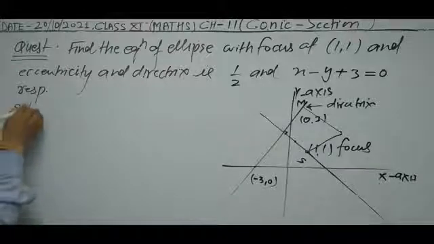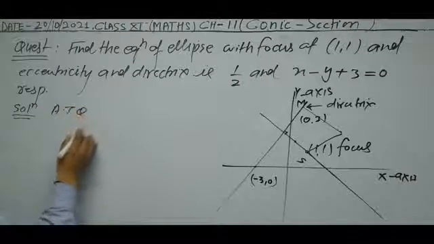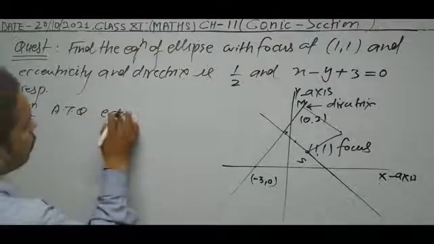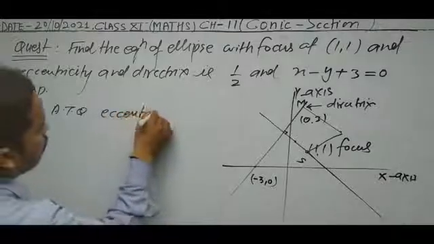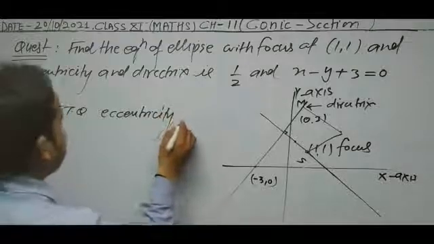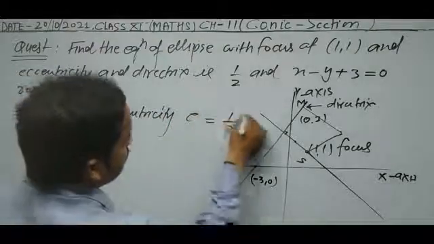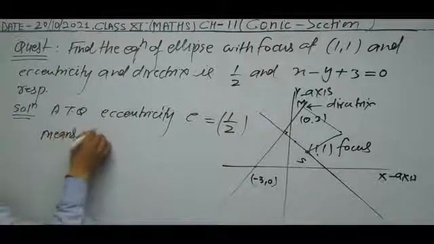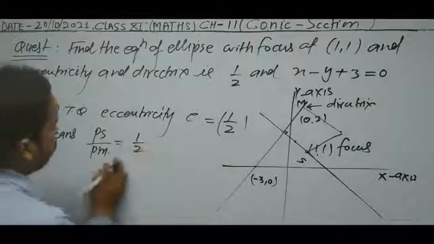Now see the solution according to the question. Eccentricity, that is e is equal to 1 by 2, this is given. Means PS upon PM result is 1 by 2.